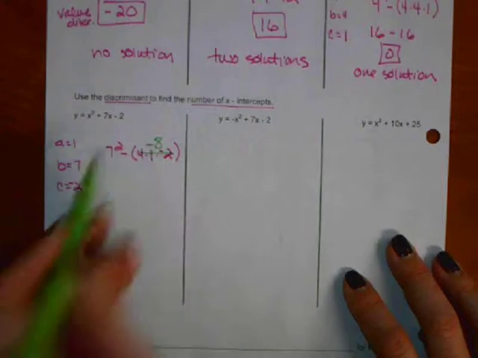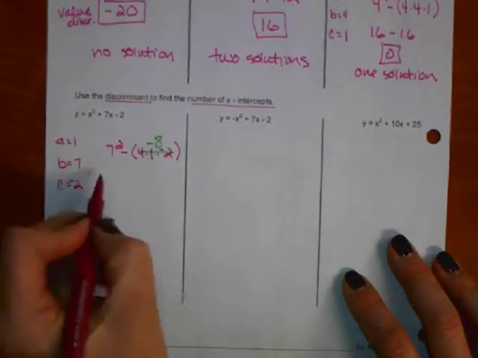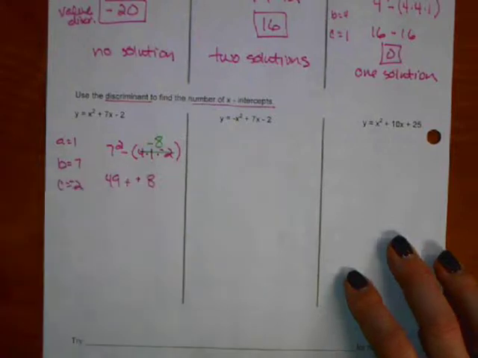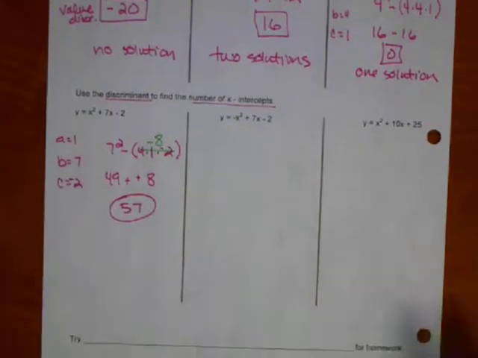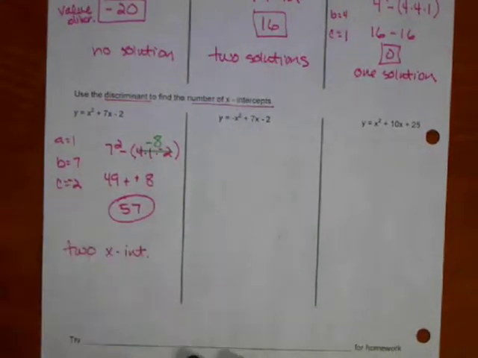This becomes negative 8. So I have 49 minus a negative 8, which will become a plus. And that's 57. So how many solutions? 2 solutions. Not bad, huh? Or let's say 2 x-intercepts, because that's what they're asking me, actually.